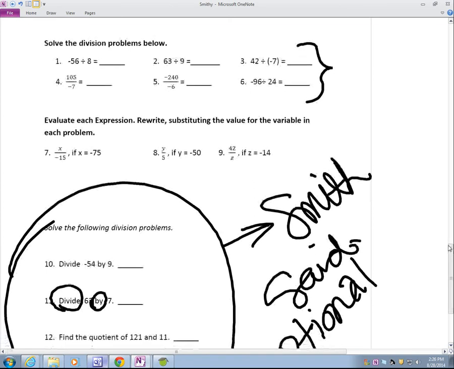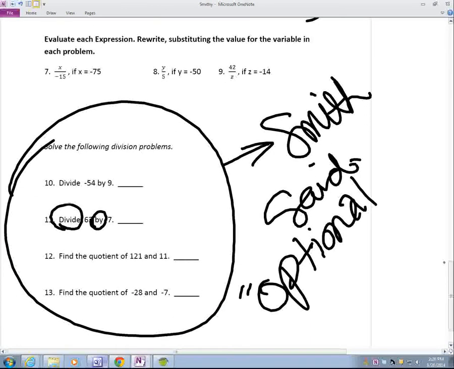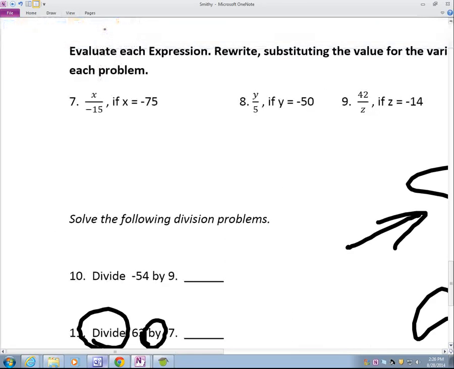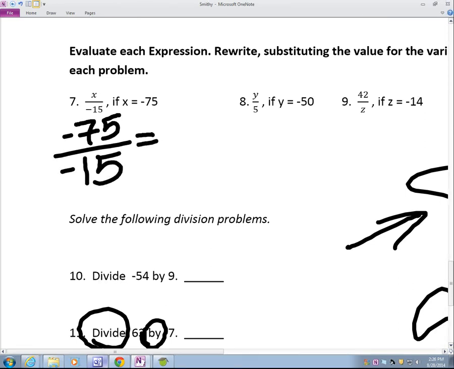This is just like the homework. Let's look at number 7, 8, and 9. So, number 7. This is just putting an integer back in where the variable was. So we have negative 75 divided by negative 15 without using a calculator.